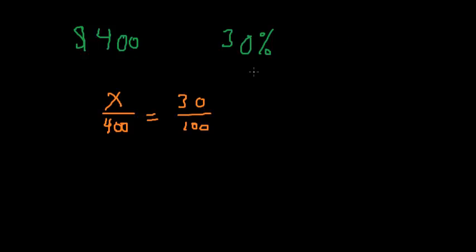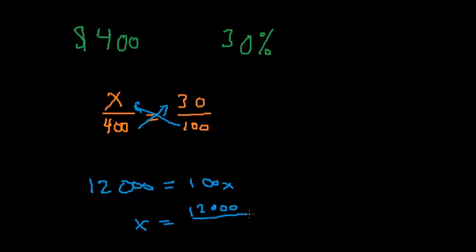I calculate my x by cross multiplying. 400 times 30, 12,000 equals 100 times x, 100x. So x then is 12,000 divided by 100, which is equal to 120. So that's $120.